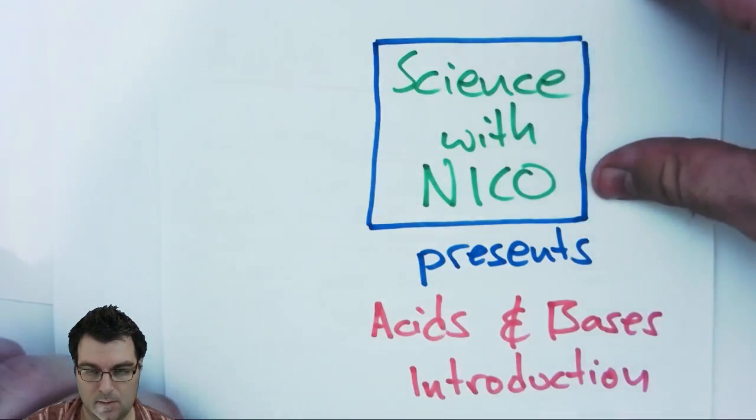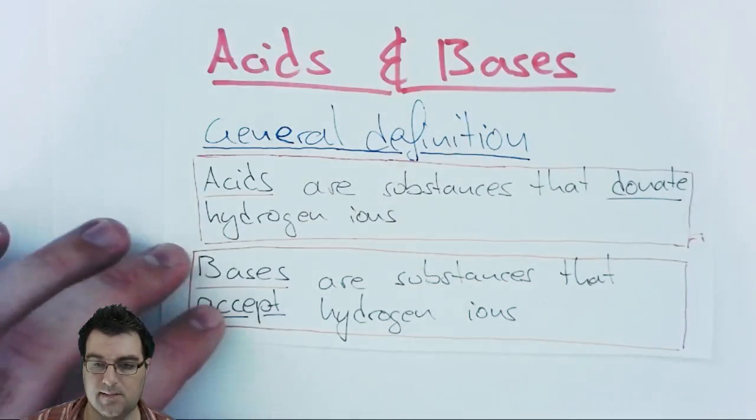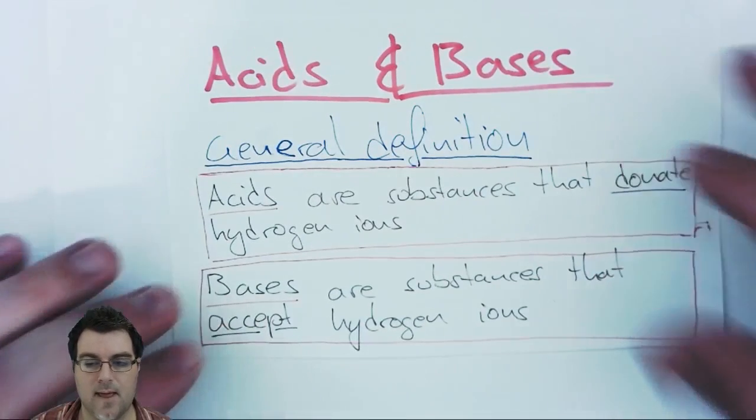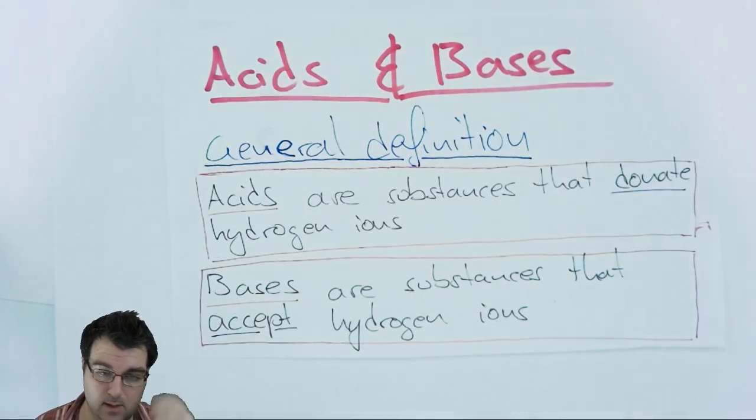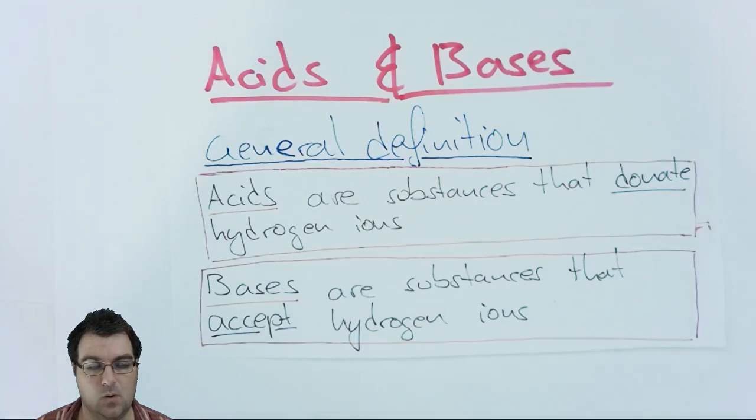Okay, so when we talk about acids and bases, we need to really nail down our definition of what an acid and what a base is. A lot of that is because our definitions of acids and bases have changed dramatically over history.